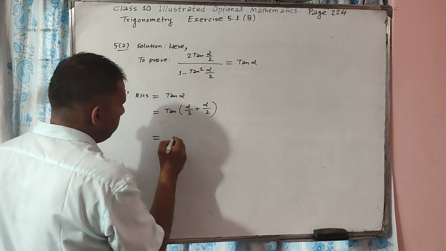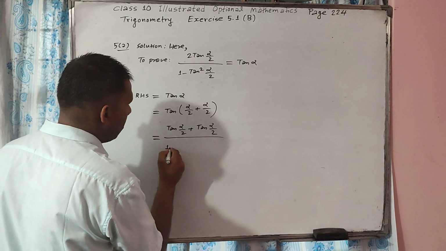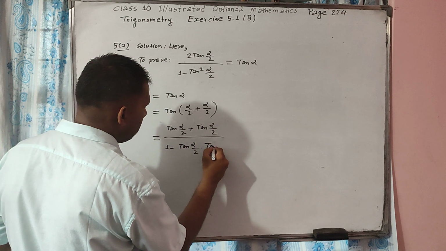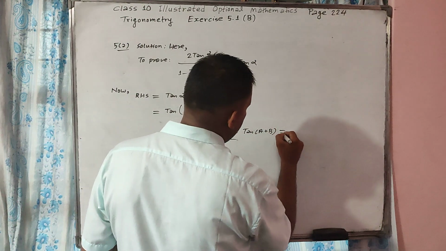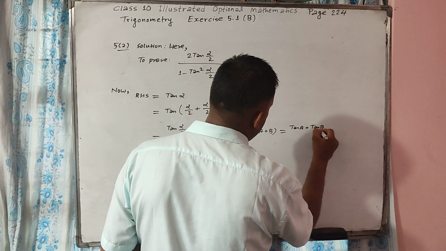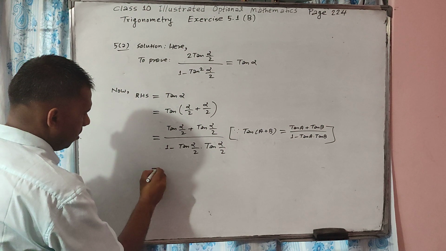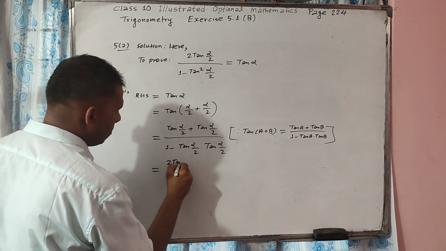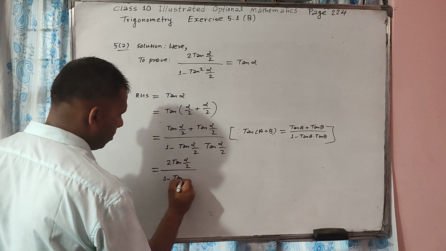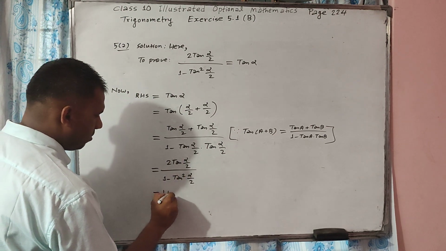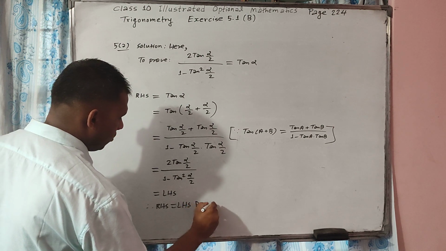So using the formula of tan A plus B: tan alpha by 2 plus tan alpha by 2 all upon 1 minus tan alpha by 2 into tan alpha by 2, because tan A plus B equals tan A plus tan B all upon 1 minus tan A into tan B. Now adding tan alpha by 2 and tan alpha by 2 together gives 2 tan alpha by 2 all upon 1 minus tan square alpha by 2, equal to LHS. Therefore, RHS equals LHS. So proved.